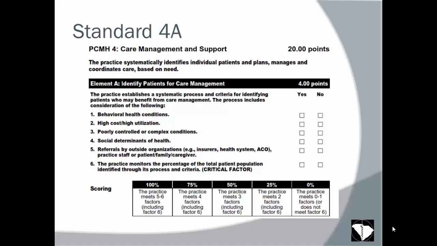Just let me give you an example. Let's say behavioral health conditions. You have an adult population and you say, you know what, I want to look at depression. Depression is making my patients higher risk. And so what NCQA wants you to do is use your EMR to identify all patients with a diagnosis of depression. And then if that is who you want to be in your high-risk category, you can include them there.